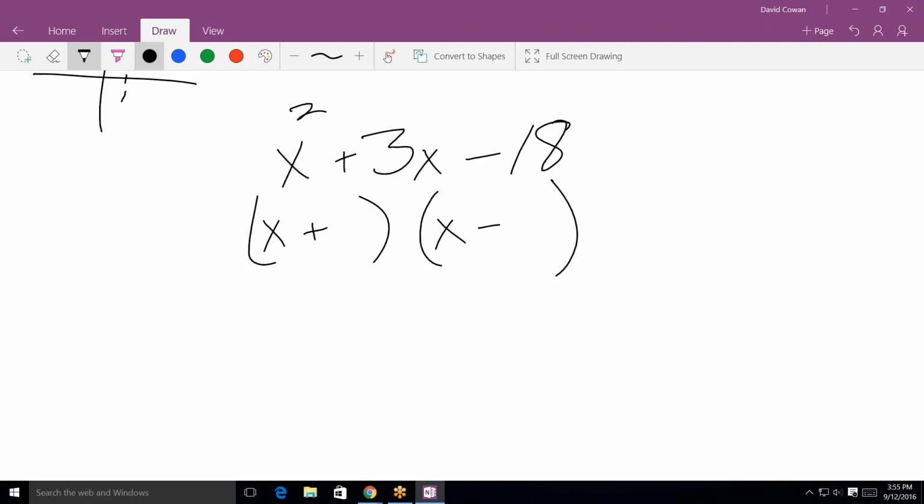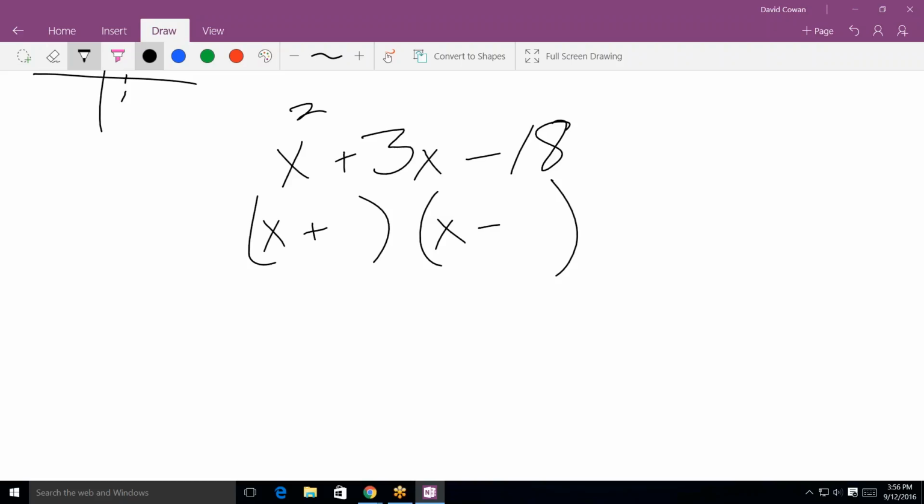Now, what's the third step? Factors. Verbalize it to me. Factors of 18 only, that multiply to negative 18.